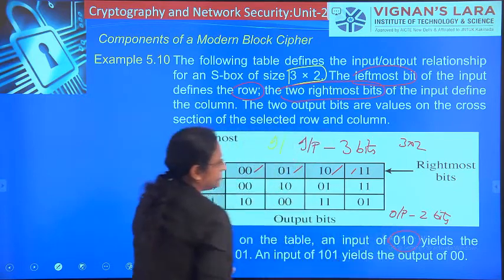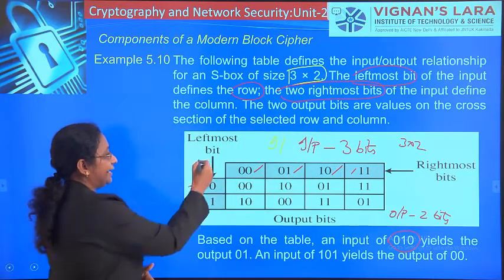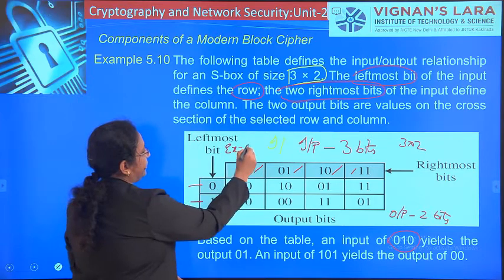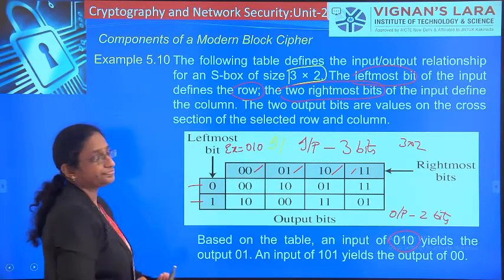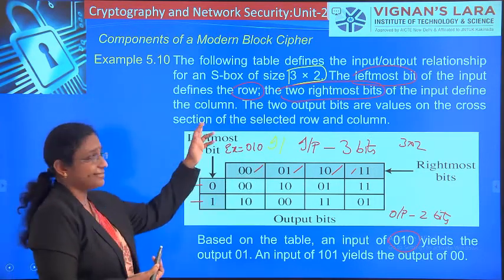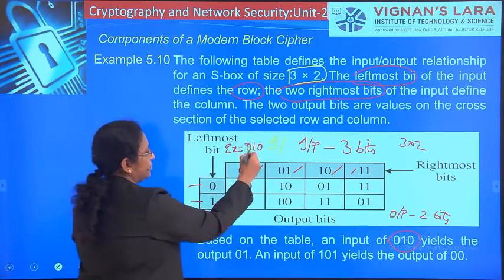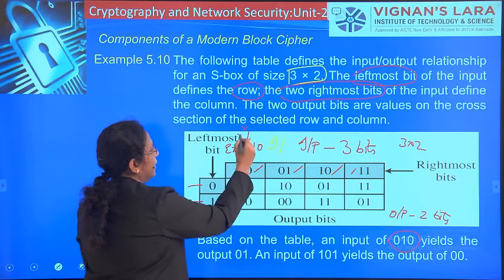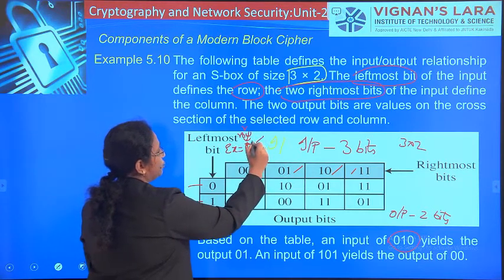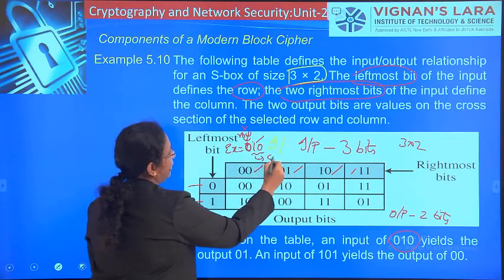For example, let's consider an input of 0, 1, 0. As we said, the leftmost bit, 0, will be your row, and these two bits, 1, 0, will be your column.